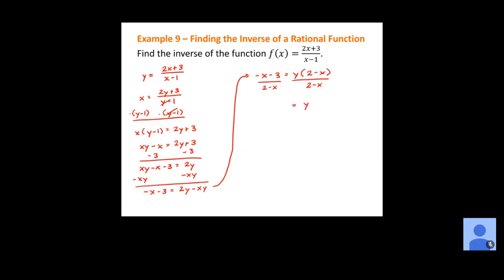That's going to give us y by itself on the right-hand side, and then negative x minus 3 over 2 minus x. And don't try to cancel any of that out, right? The subtraction in the numerator and denominator prevents us from being able to cancel out anything because there's no common factors. Okay, so that would be our inverse. Now we can say f inverse of x equals negative x minus 3 over 2 minus x.